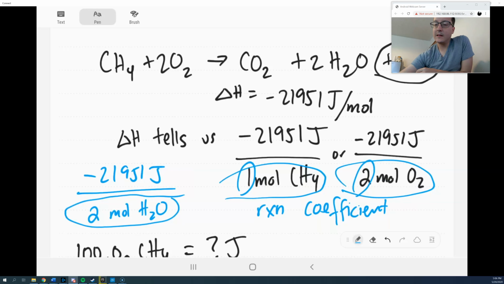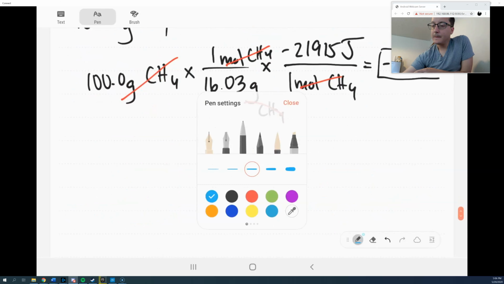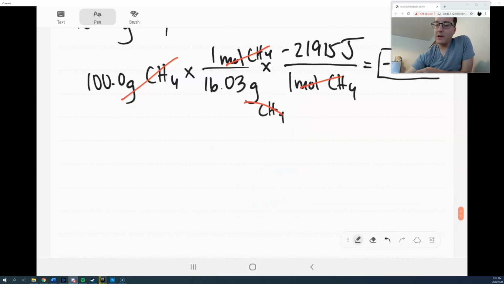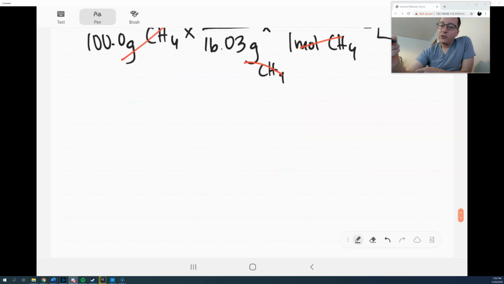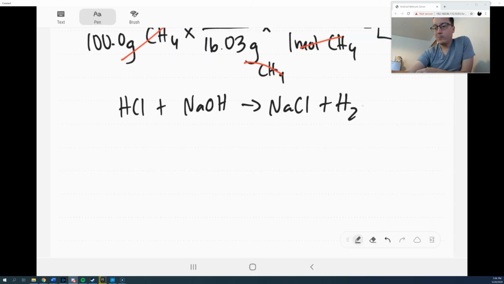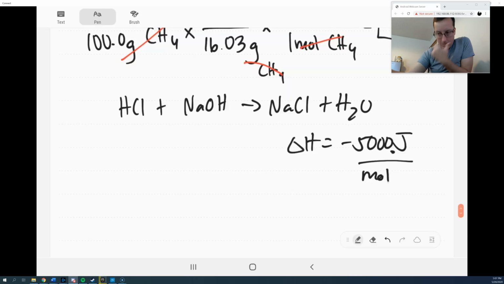So let's see this in another light. Oh, this is boring. Let me make that sulfuric acid instead, so we can at least have some coefficients here.